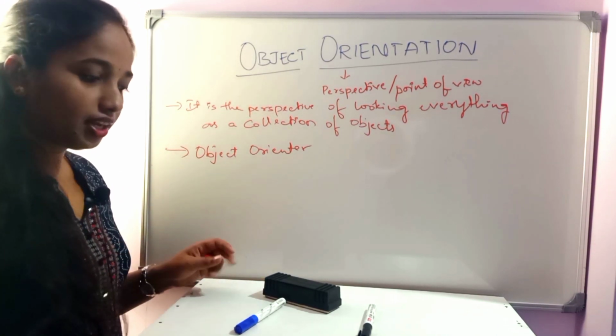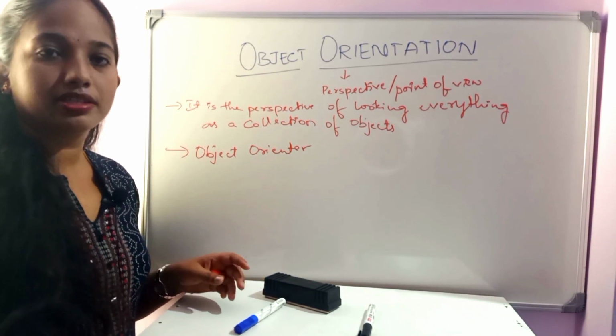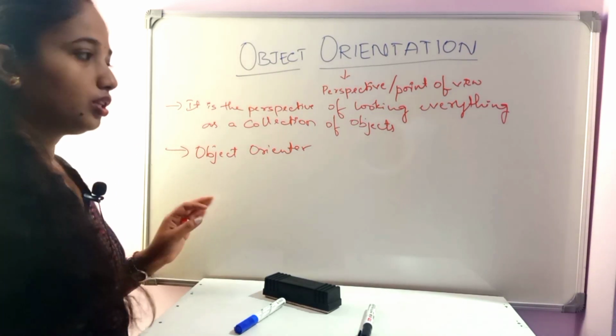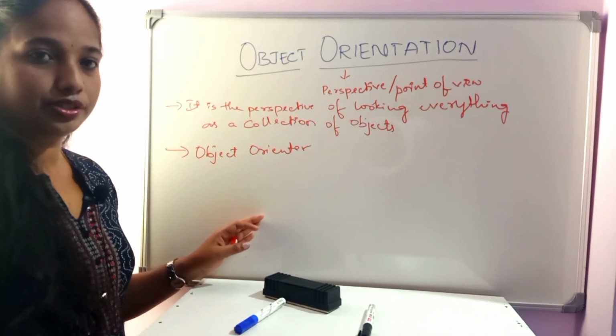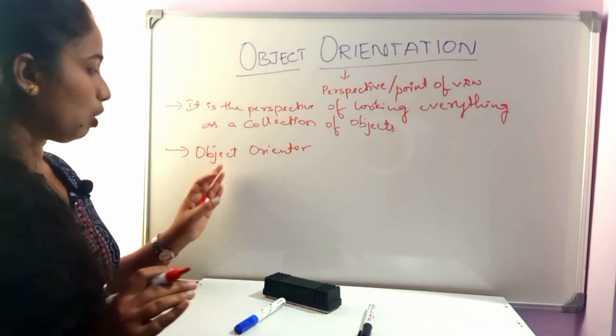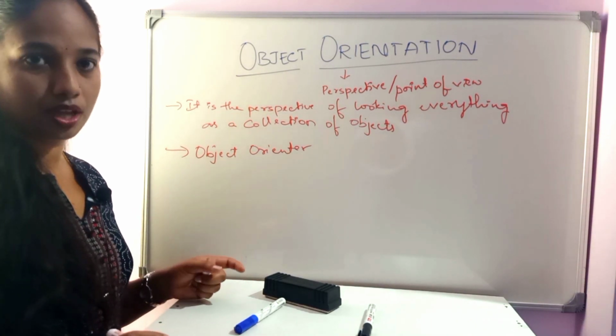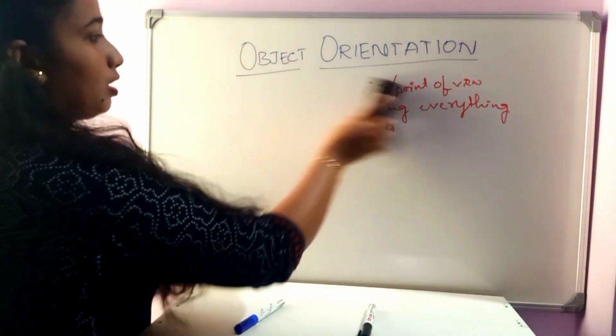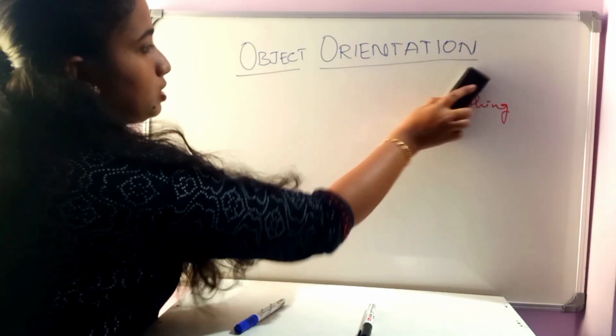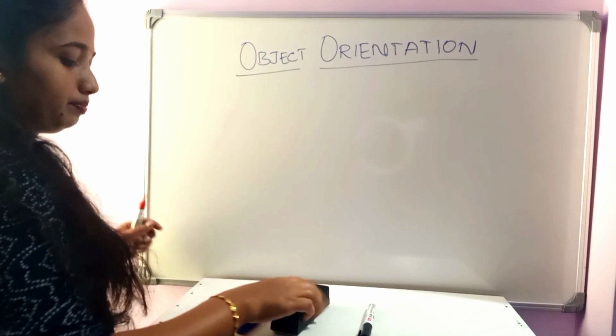Given anything to you, you should look at it as an object. So this is what object orientation is. Next we will see the 5 principles of object orientation.